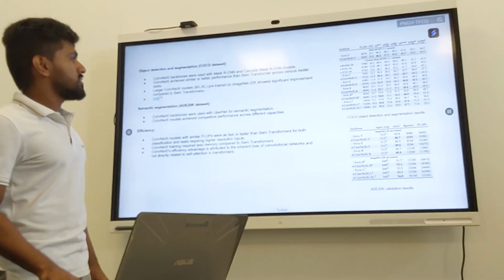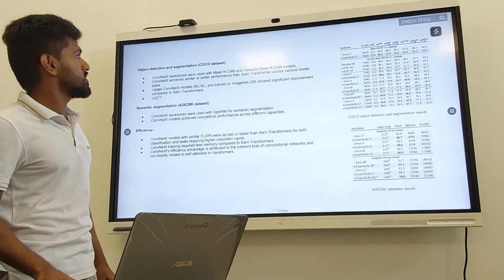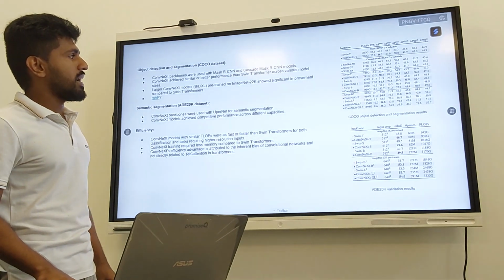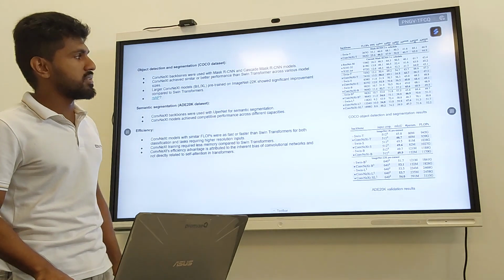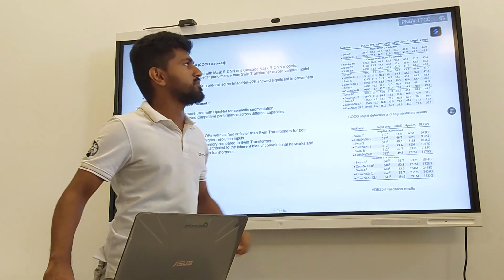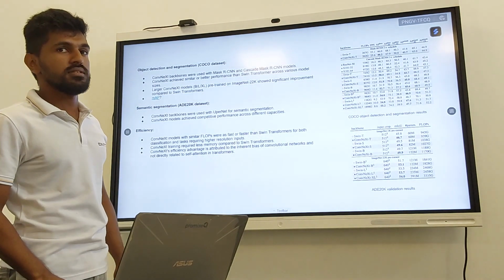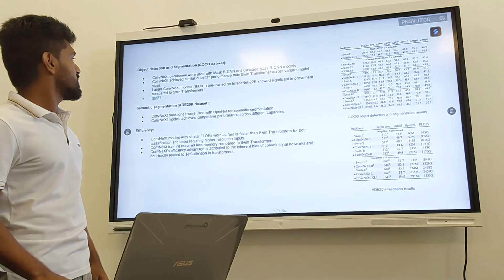Here are the object detection and segmentation results, and here also you can see that they give better average precision with the segmentation and object detection tasks.